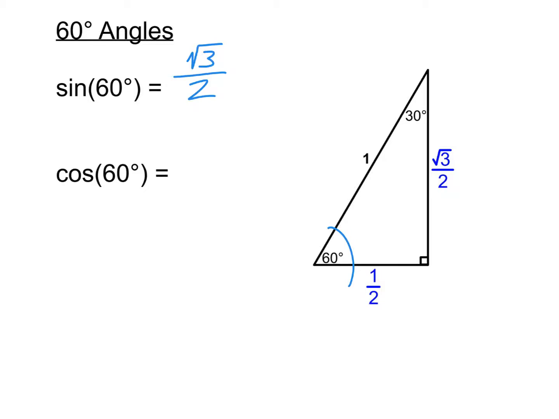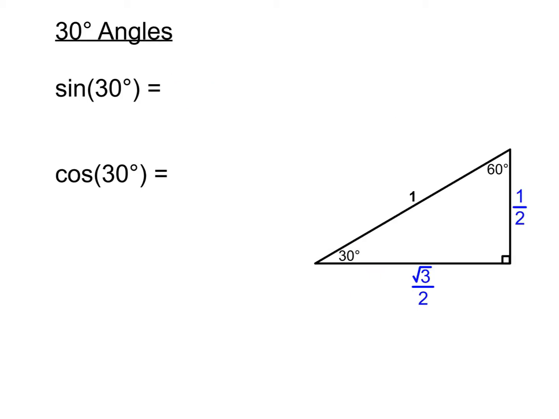All right, cosine of 60 degrees now. Cosine is adjacent over hypotenuse, so that means it's got to be 1/2 over 1, which is, of course, just a half. So cosine of 60 is a half. Now we can use the same reasoning to find sine and cosine of 30 degrees.